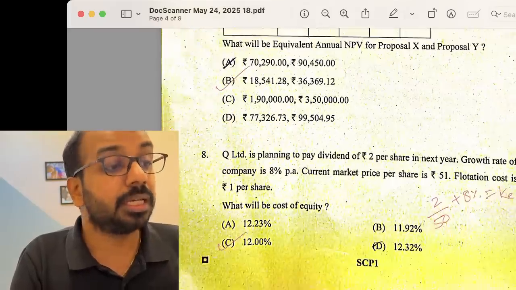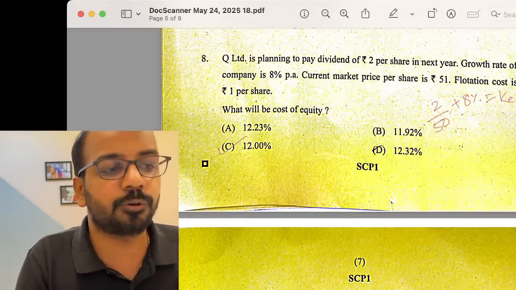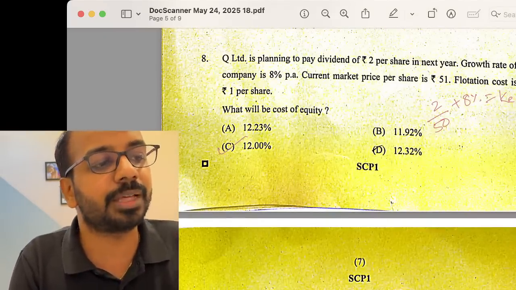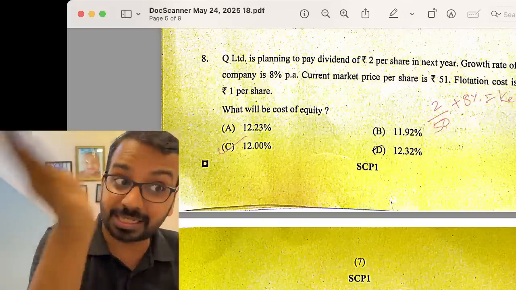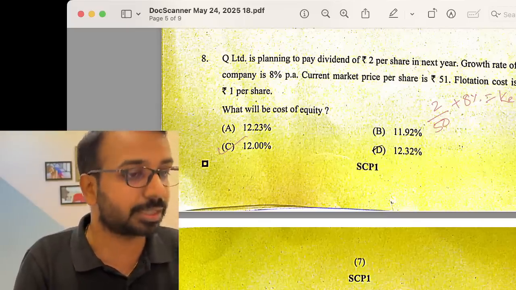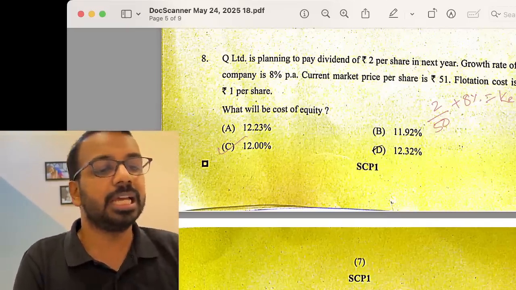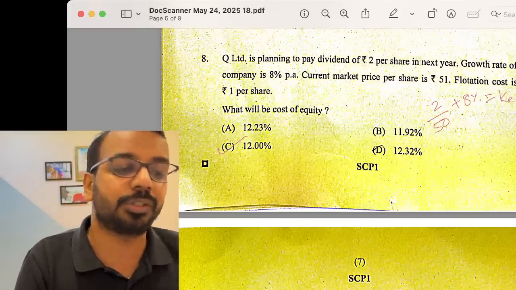Then the 8th one. Some of you would have made a mistake of selecting 12.32, but please understand, they are planning to pay a dividend of 2 per share next year, not this year. Next year's dividend is already given. So if you do 2 divided by 50 plus 8% growth, you get the cost of equity, which is 12%.